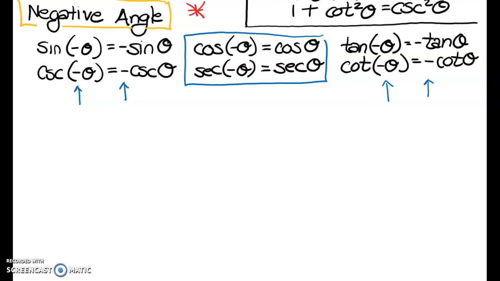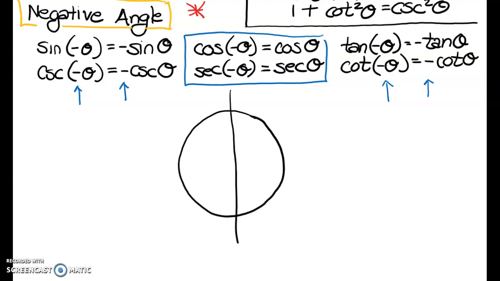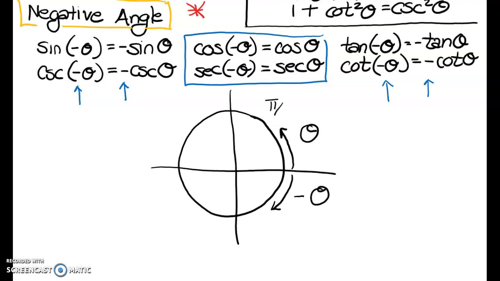Well, let's take a look at our unit circle. I'm going to draw hopefully a nice circle. All right, so if we move forward with theta, and then we move in an opposite direction, negative theta. Let's just say this is pi over 4, and this is negative pi over 4. So let's just do an example. This is quadrant 1, 2, 3, and 4.